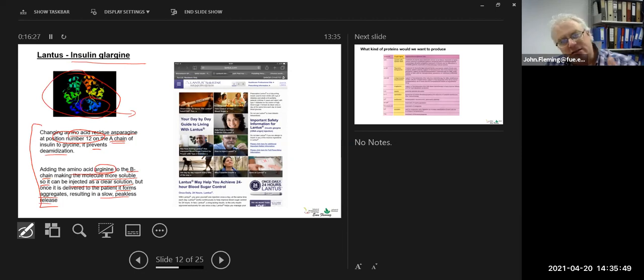So insulin is always, I suppose, active, whereas previously our diabetic patients had to inject insulin after every meal. Now it's possible with this product to have one daily injection of the insulin.